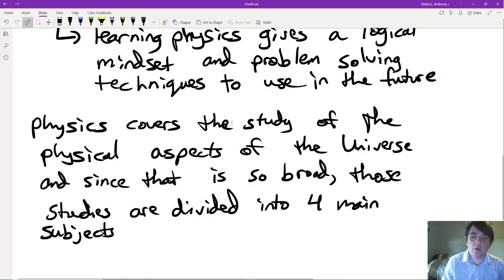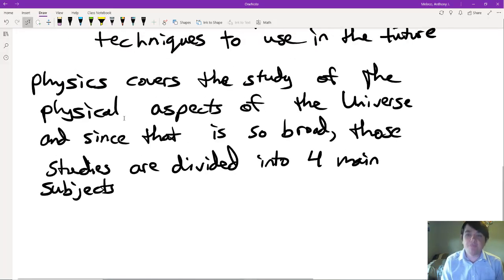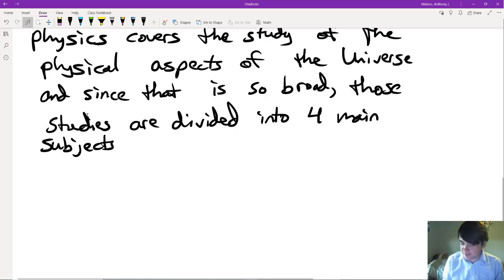Okay. So physics covers essentially the physical aspects of the universe. And because the universe is really big and also covers things very small, like on the atomic scale, to do that, we basically ended up dividing it into 4 main subjects.